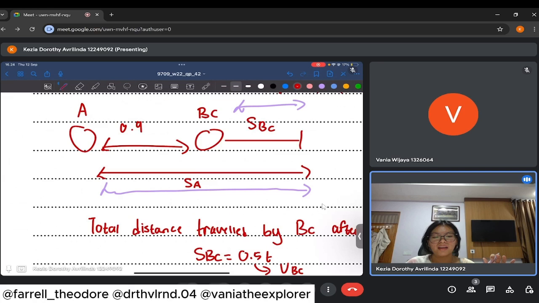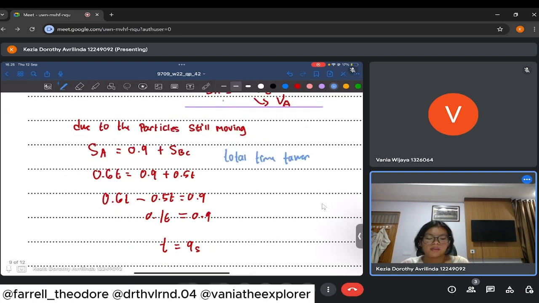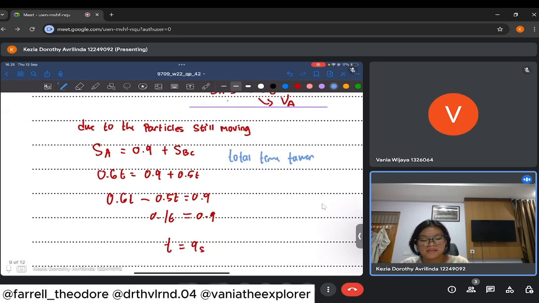That's why when you want to use the substitution formula to find the T, this is what you do. So SA, we already have SA, which is 0.6 times T, but let's just write it down first. There's the total time taken. So SA is equals to 0.9 plus SBC. We know why 0.9 is needed.